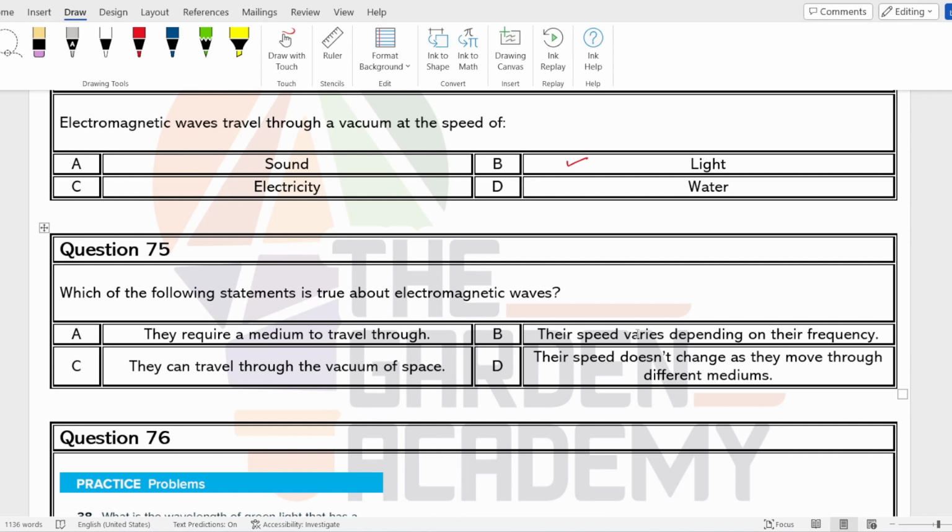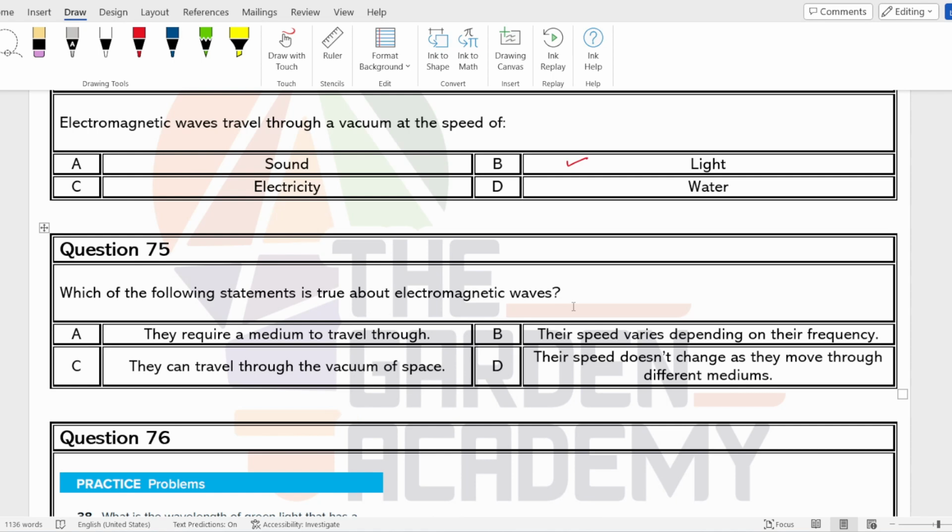Their speed actually does not depend on the frequency. Regardless of the frequencies of the electromagnetic waves, we should know that different types of electromagnetic waves have different types of frequencies. Regardless of that, they have the same speed in the medium. يعني, if we have, for example, radio waves and gamma rays, if they both are traveling in space, both will have the same speed of light اللي هو 3 times 10 to the power 8. لكن if they travel, for example, in air, the speed will go down.